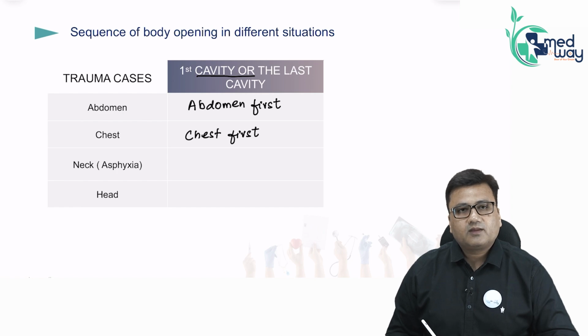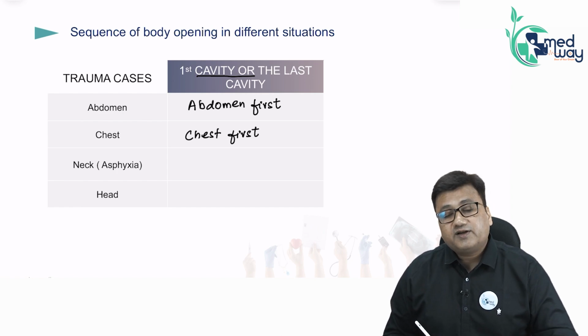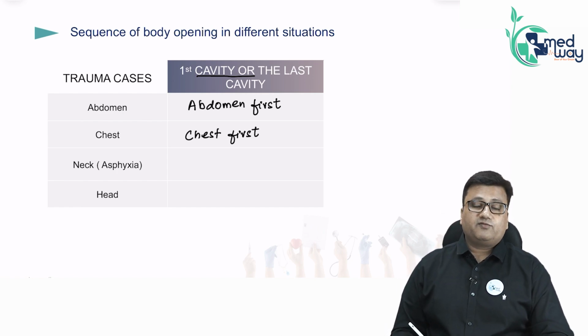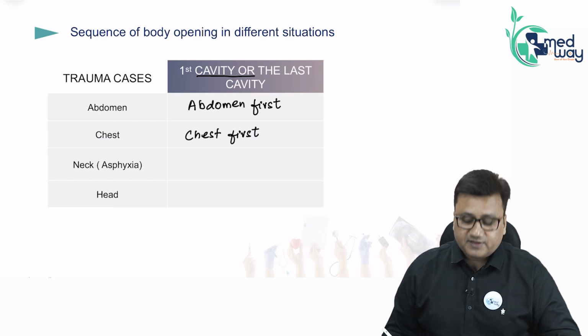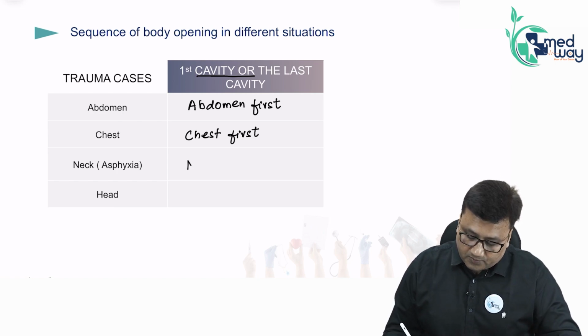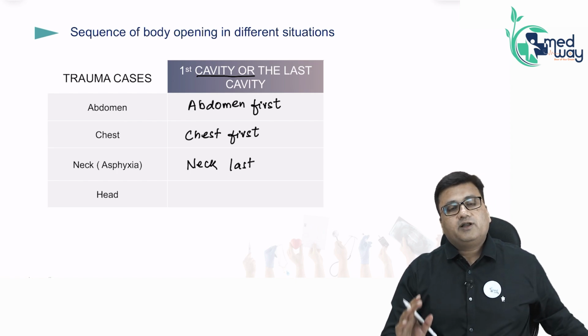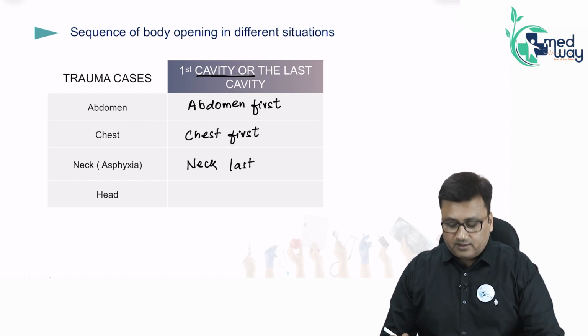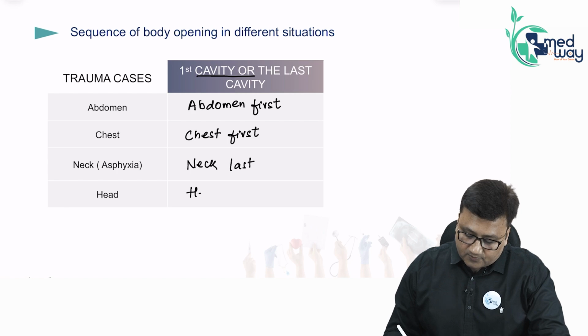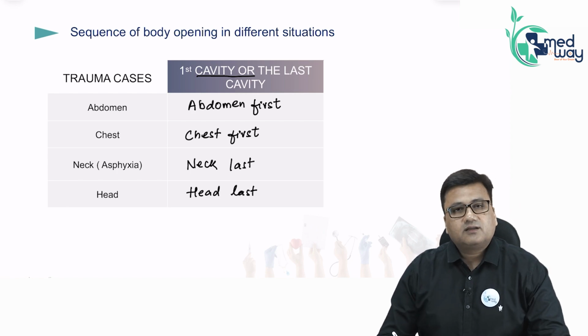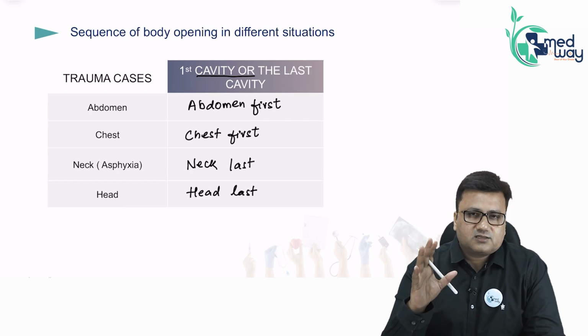But if the cause of death is expected to be in the neck, like in cases of asphyxia, then we open the neck not first but last. And the same if the cause of death is in the head: we open the head last. Why do we open the head and neck last?